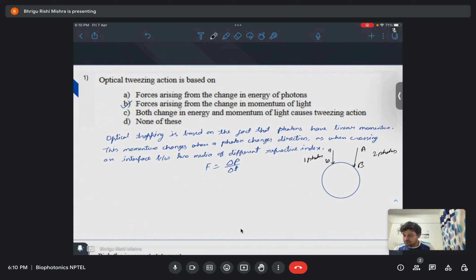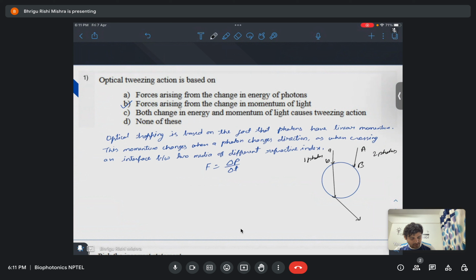Then some kind of refraction happens, and then again transmission like this.